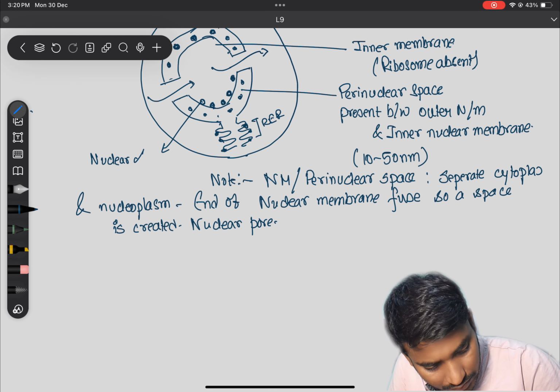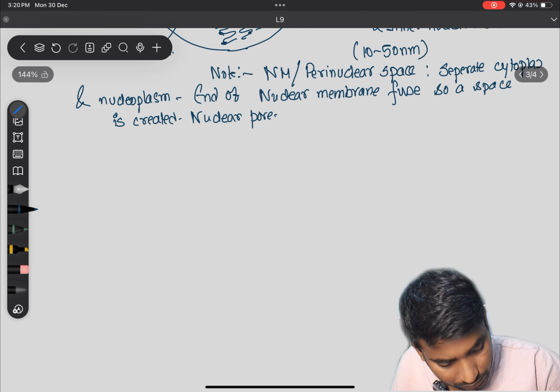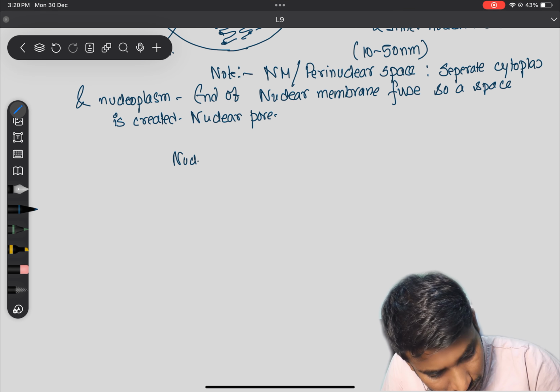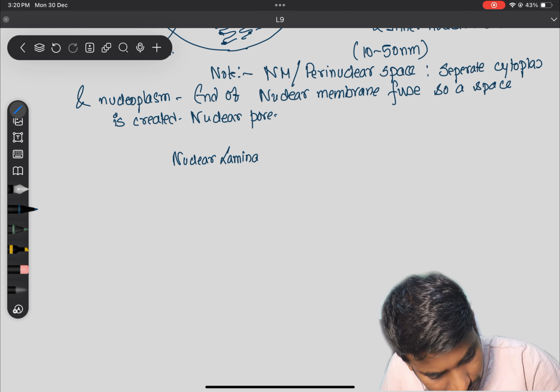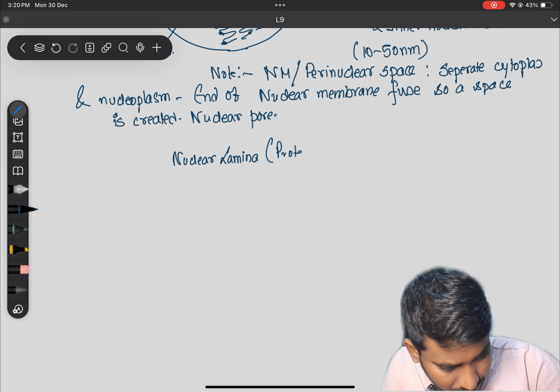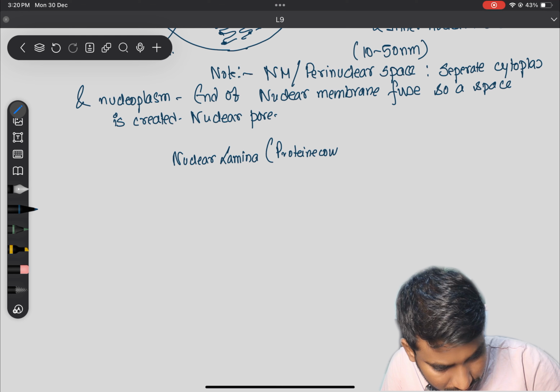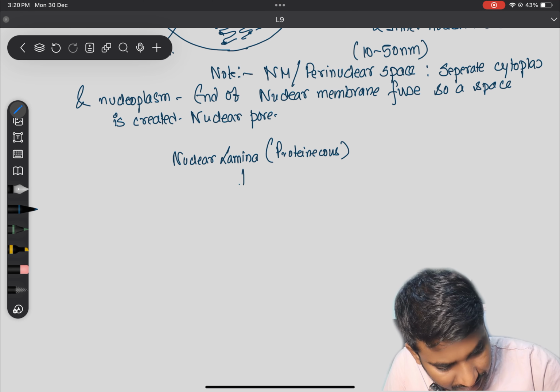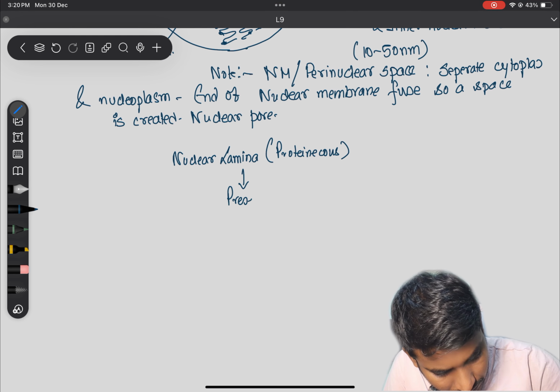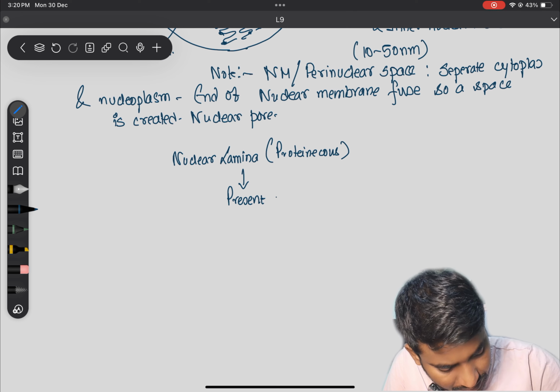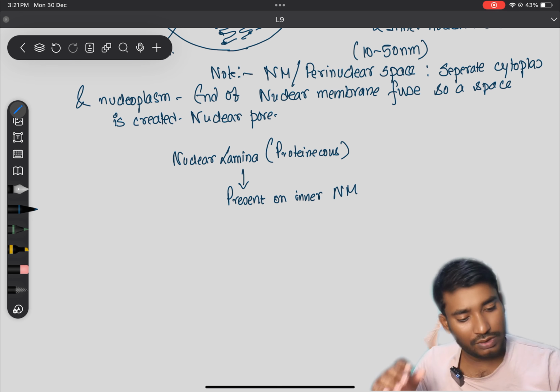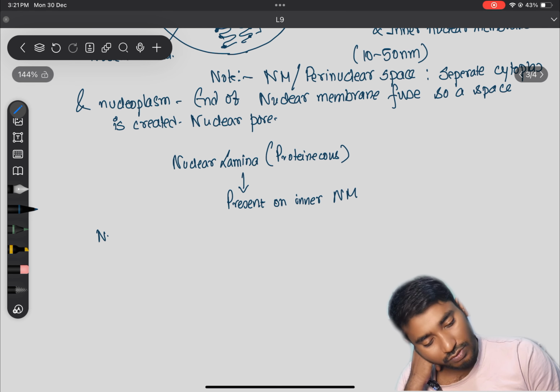Nuclear lamina is proteinaceous, present on the inner nuclear membrane.